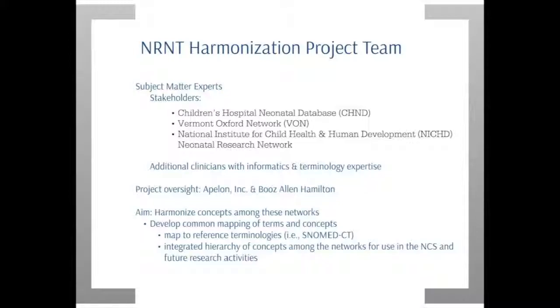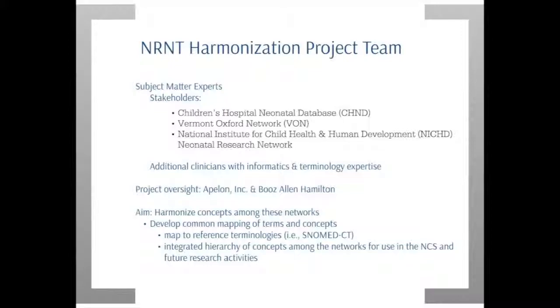So in this example, we have what we had identified as the stakeholder terms in the different research networks, and we had identified common concepts, what we call aligned concepts, where you may have a certain type of congenital heart disease, and we may call it X in one network and Y in another, but we came to agreement that what we're talking about is really the same entity. And then we asked, where does that map within SNOMED-CT?